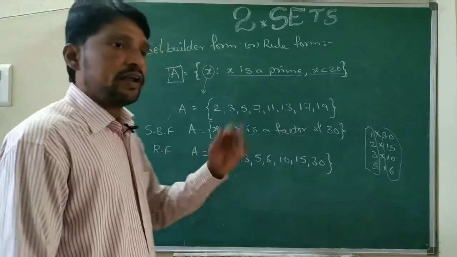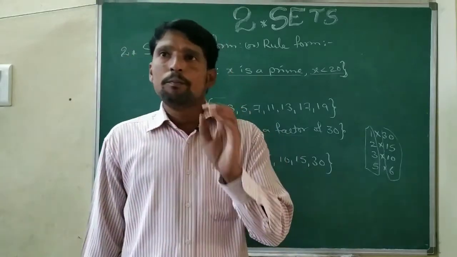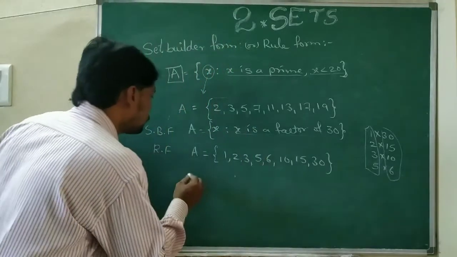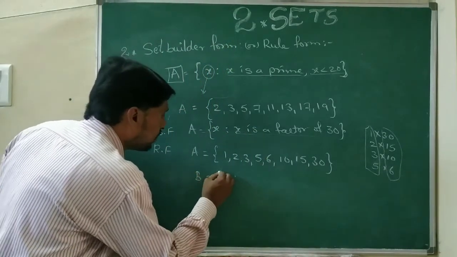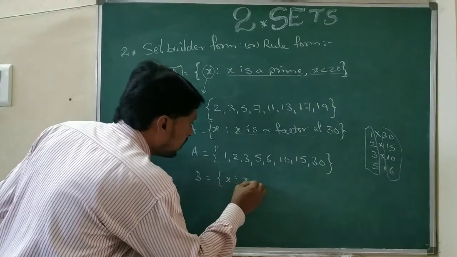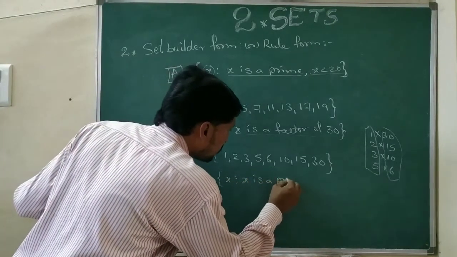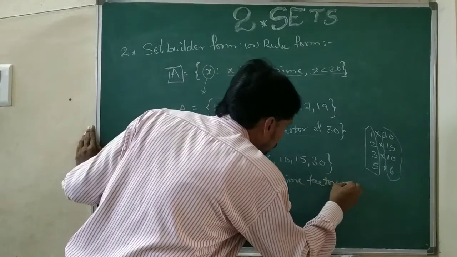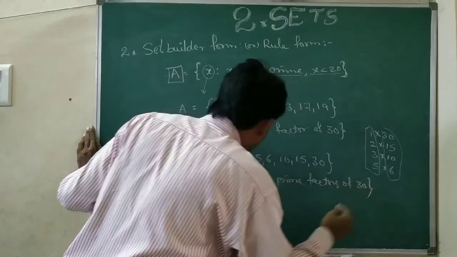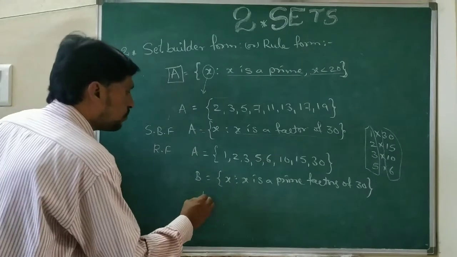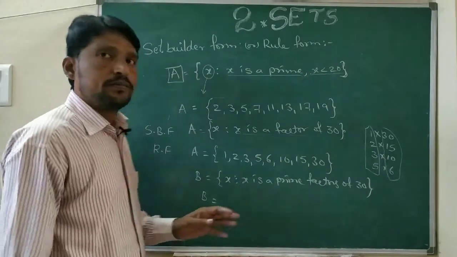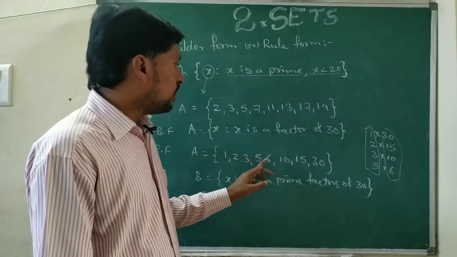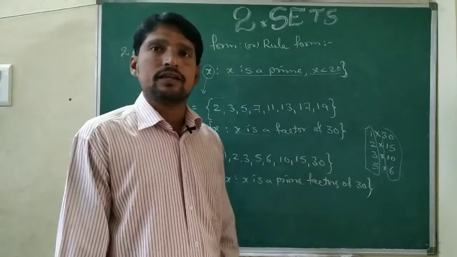Now one more example. B equals x such that x is a prime factor of 30. So already we have written what the factors of 30 are: 1, 2, 3, 5, 6, 10, 15 and 30.